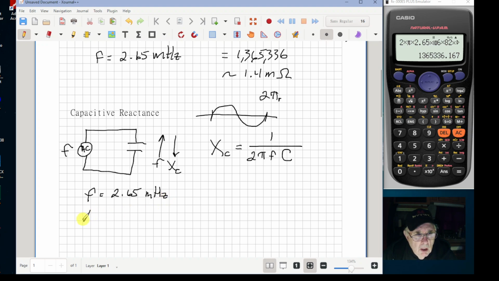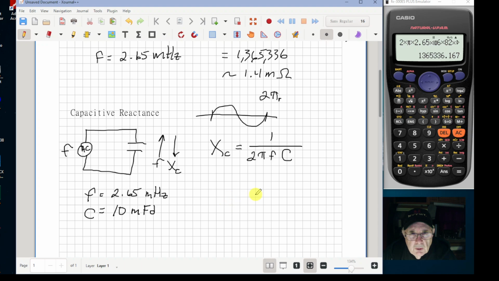And our capacitor, not X, we're going to be calculating X. Our capacitor then is 10 millifarads. I don't think they use the D much, but I just wanted to denote that.